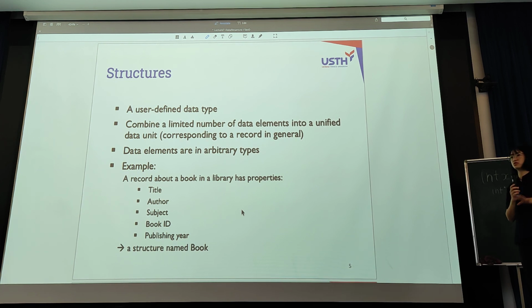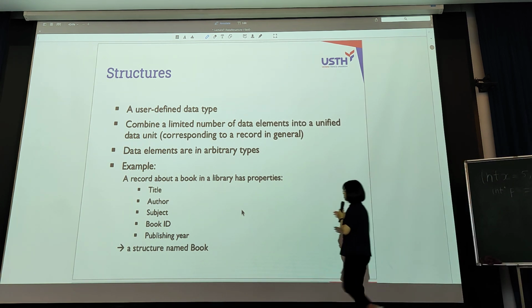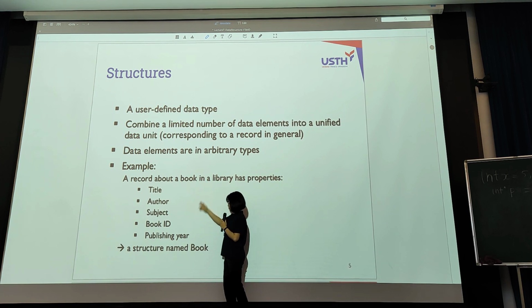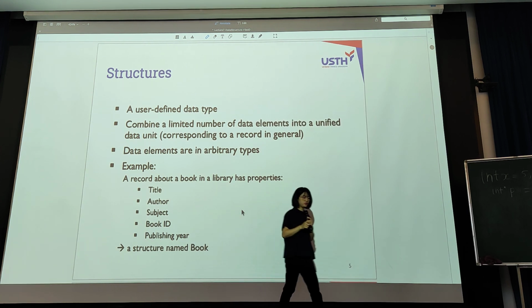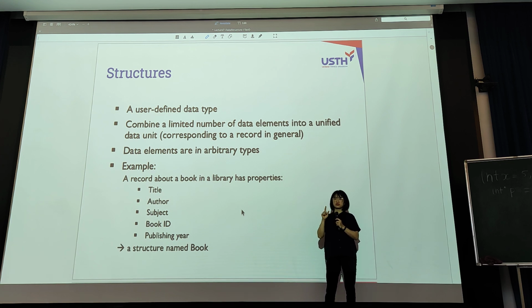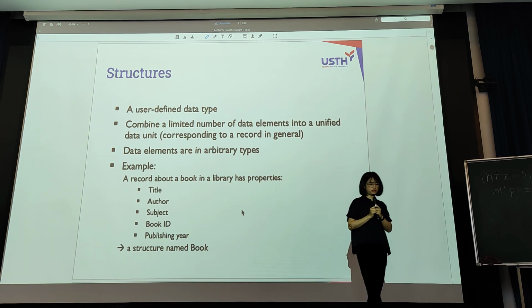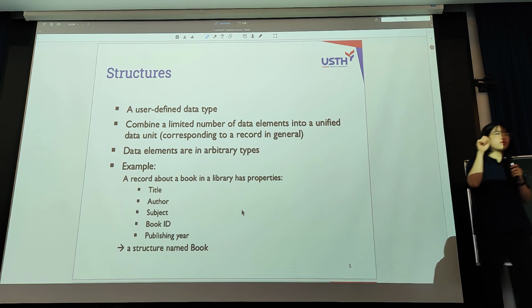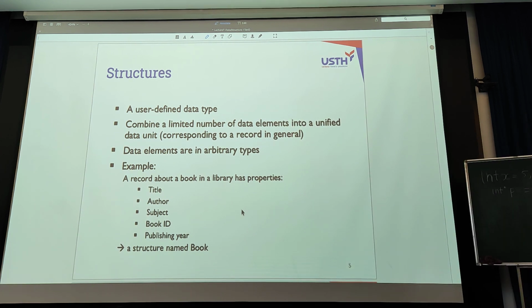Not integer, not float, not string, not character. You define a new data type. For example, for this record about books in the library, you can define a new data type called book. And every time you create a variable which has the data type of a book, this variable must store the values of all these 5 attributes. Okay?